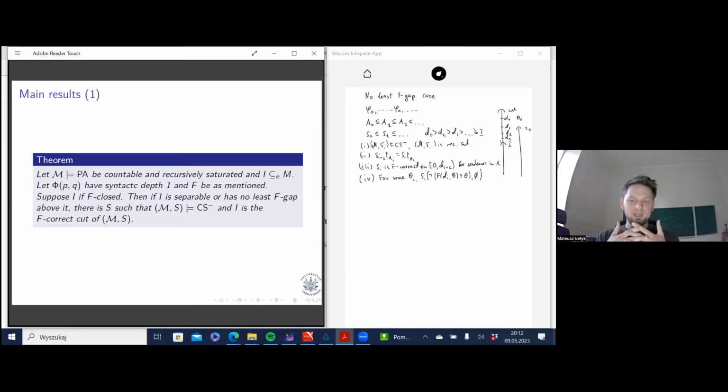Given Si, we construct an elementary extension of our model with this S infinity, and then we pull it back via the resplendence argument, and this overshooting is required to express that S infinity behaves correctly on the cut I and slightly above it. Okay, that's it.